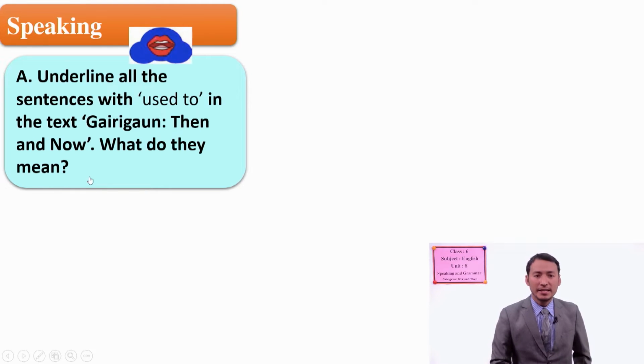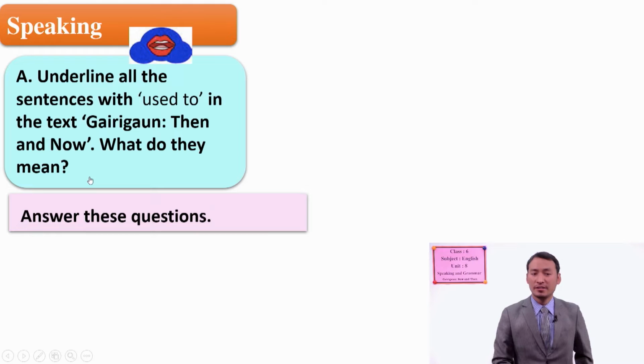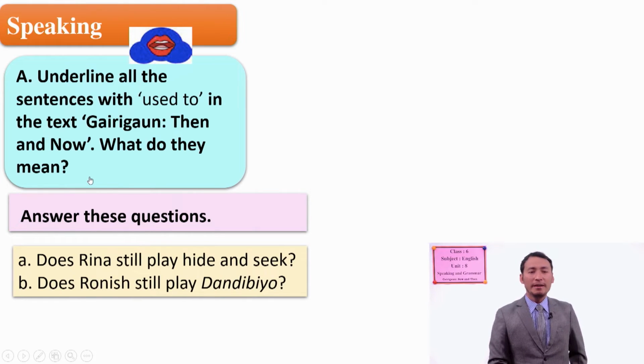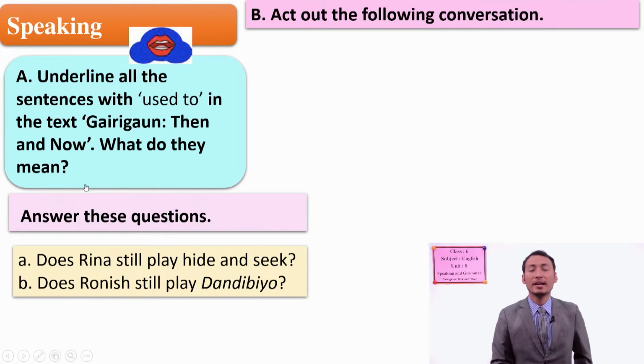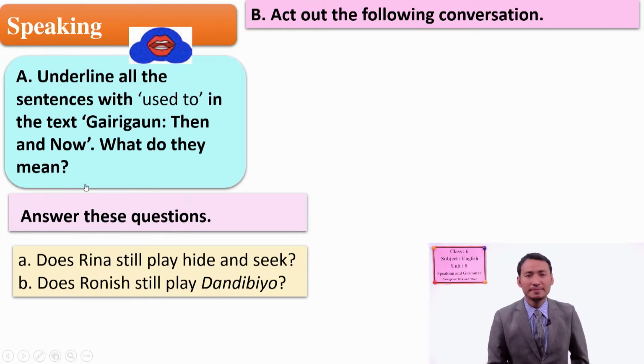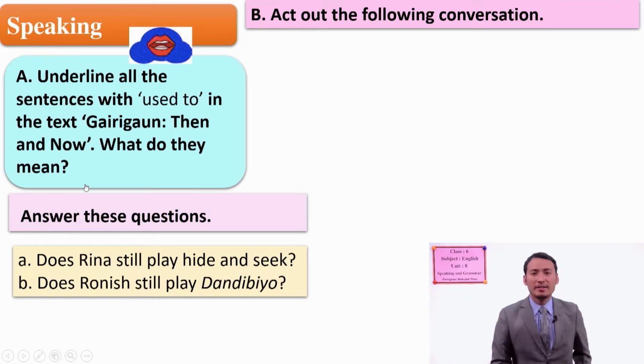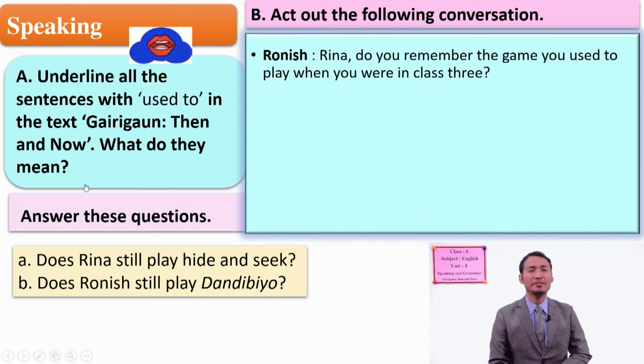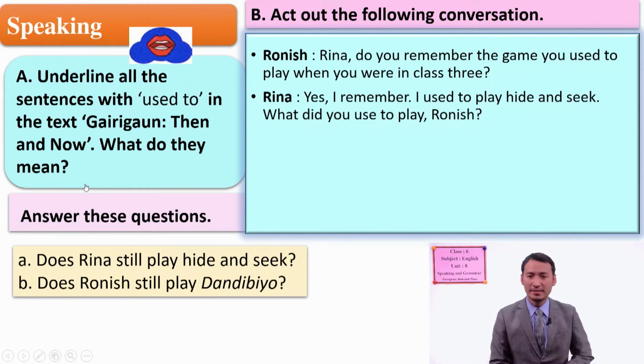Now, the next thing we are going to do: we have some questions, and before that, we have to read a conversation. Can you find the conversation? Who are the people talking in the conversation? Can you find out? Yes, it's Ronis and Rina.